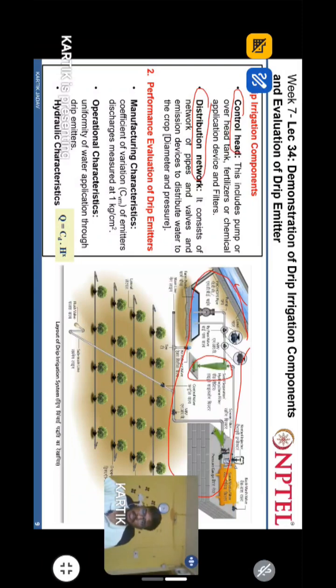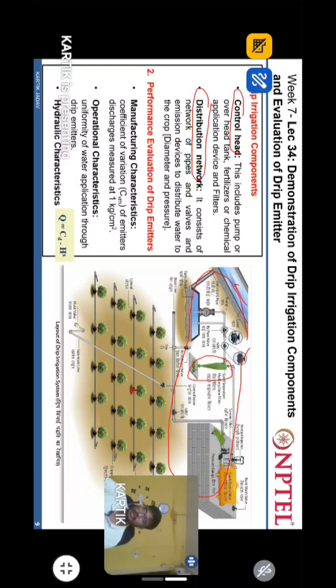The physical, chemical, and biological components available in the irrigation water we need to filter out, because the drip irrigation system we are dealing with contains drip emitters at individual plants, and the opening of that drip emitter is very small in diameter. So if our water contains any kind of impurity, it directly affects the clogging of the drip emitter.